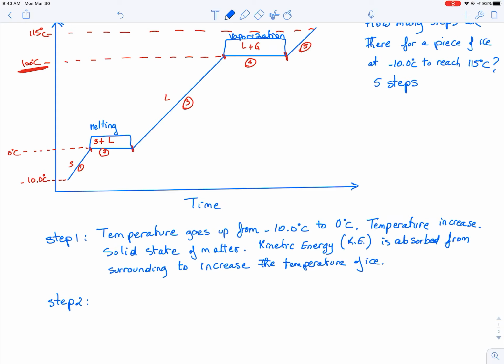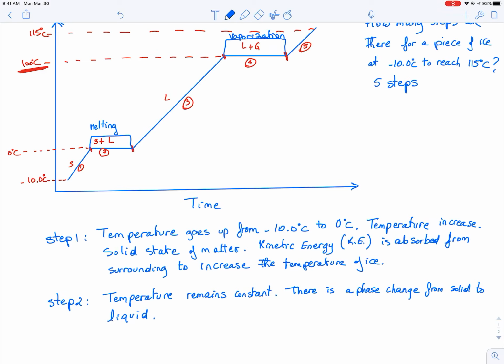So in this step, it's very important to note that temperature remains constant. Very important. And what else? Well, there is a phase change, obviously from solid to liquid.